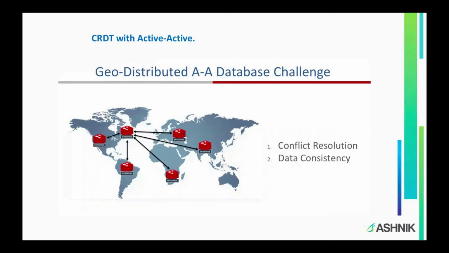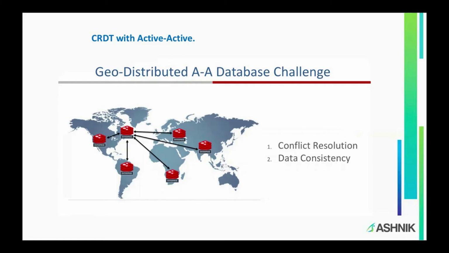Again, Redis provides active-active geo-distributed replication called CRDT, which is a conflict-free replicated data type. It solves two problems: latency and conflict. If your application is running in zone 1 or region 1 or maybe on cloud provider 1, let's say Singapore, and your users are maybe in India, latency may be added when they access the data.